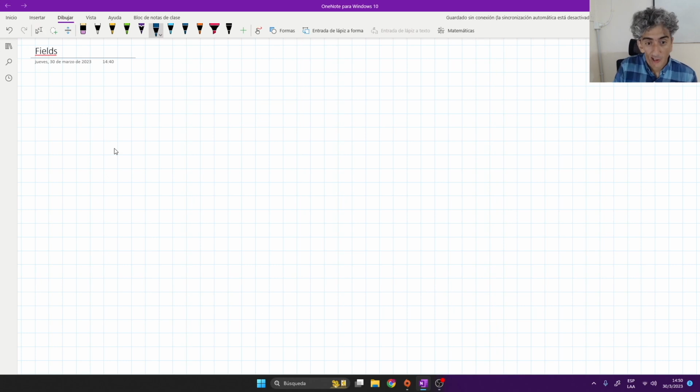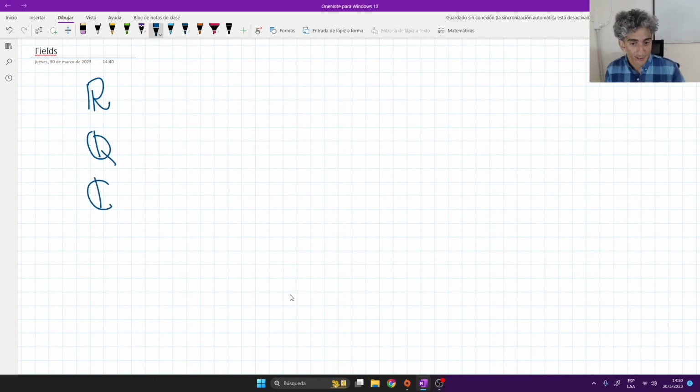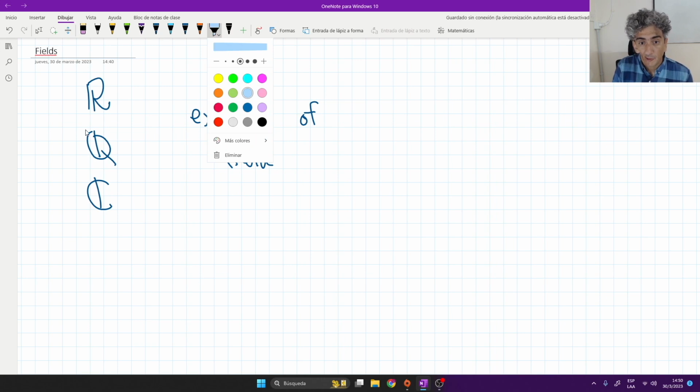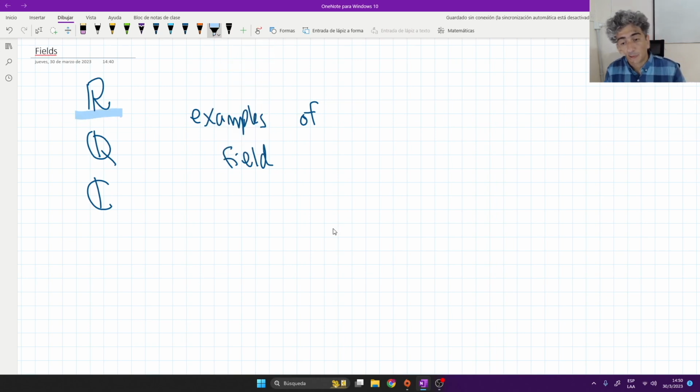We are used to work with real numbers, rational numbers, and maybe sometimes complex numbers. These are examples of fields.